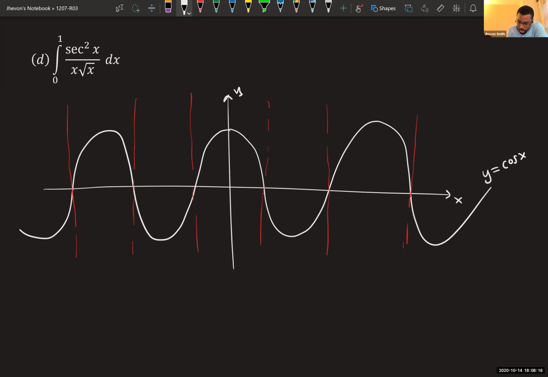Is that pi over 2? Is that 3 pi over 2? Is that 5 pi over 2? Is that minus pi over 2? Minus 3 pi over 2? Minus 5 pi over 2? Okay, so if I were to draw y equals secant, how would the secant behave?